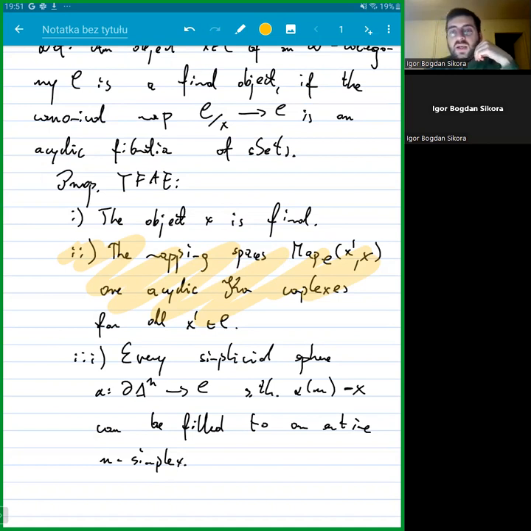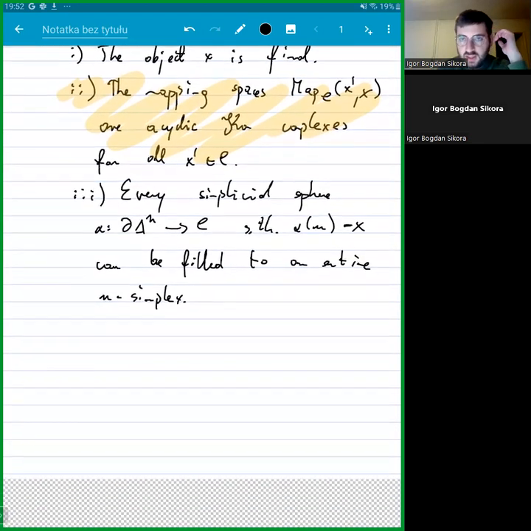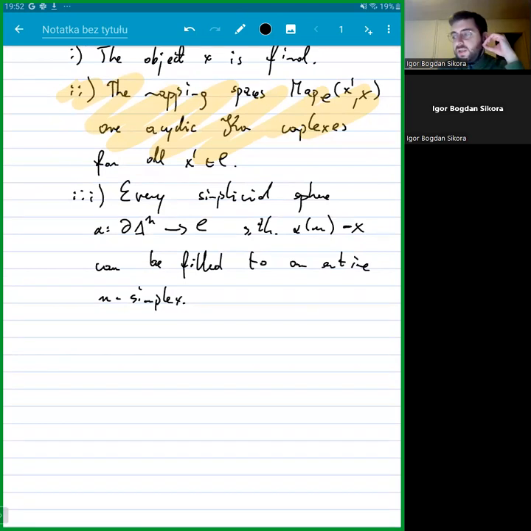And here in a quasi-category or infinity category setting, we replace this condition by saying that instead of having one unique morphism, we have a contractible space of morphisms. Okay, and there is also one thing I should say here. I will not write it, but also final object should be unique.